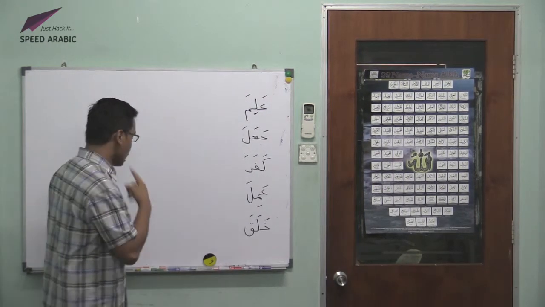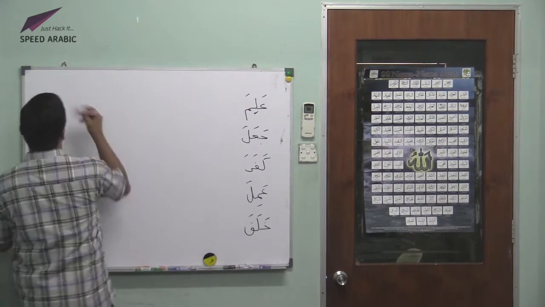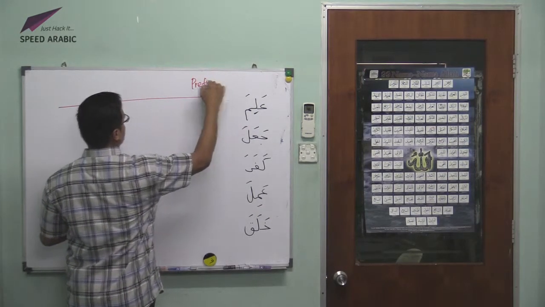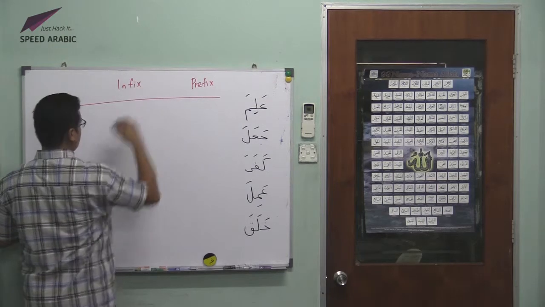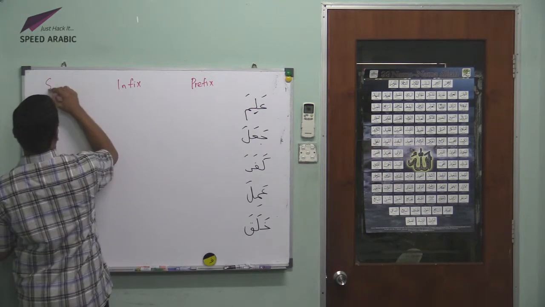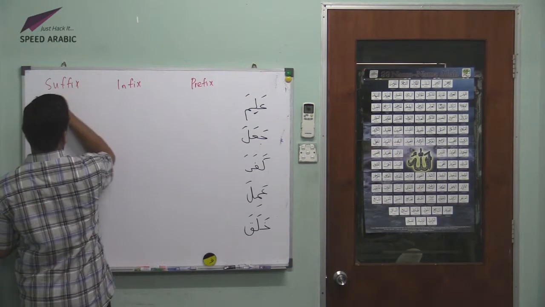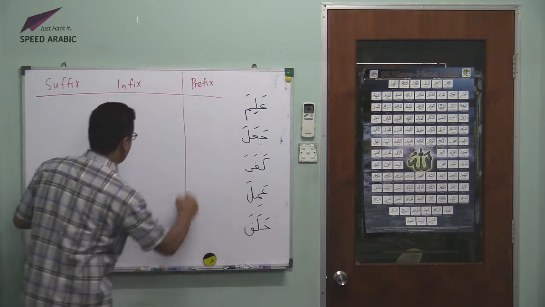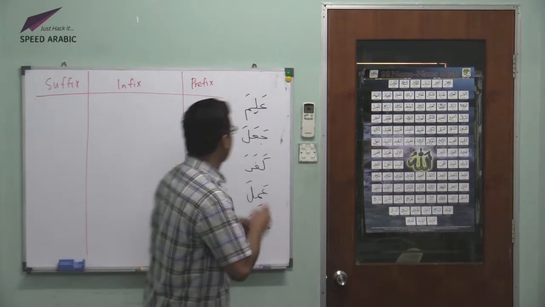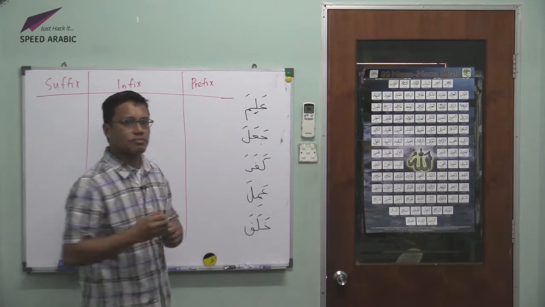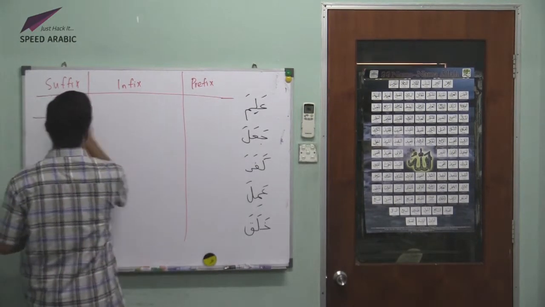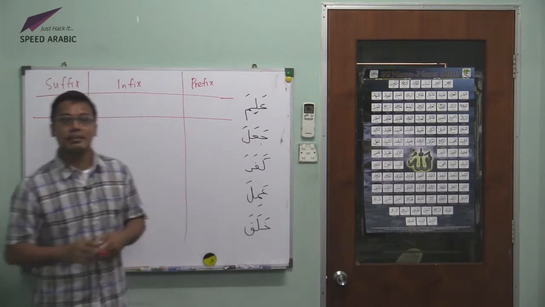Okay, so a word can be divided into three: prefix, infix, and suffix. How many kinds of prefixes are there? Three.